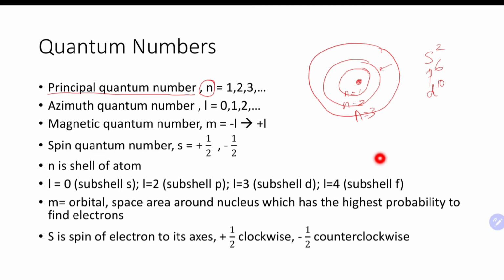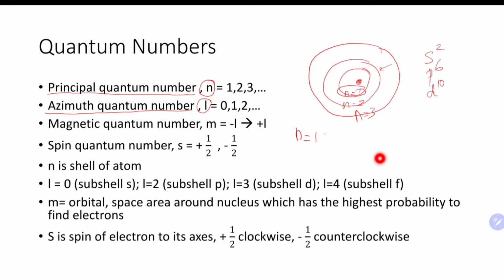In shell n, there are subshells. A subshell is represented by the azimuthal quantum number l, and the value is from 0 to 1, 2, 3, and so forth.